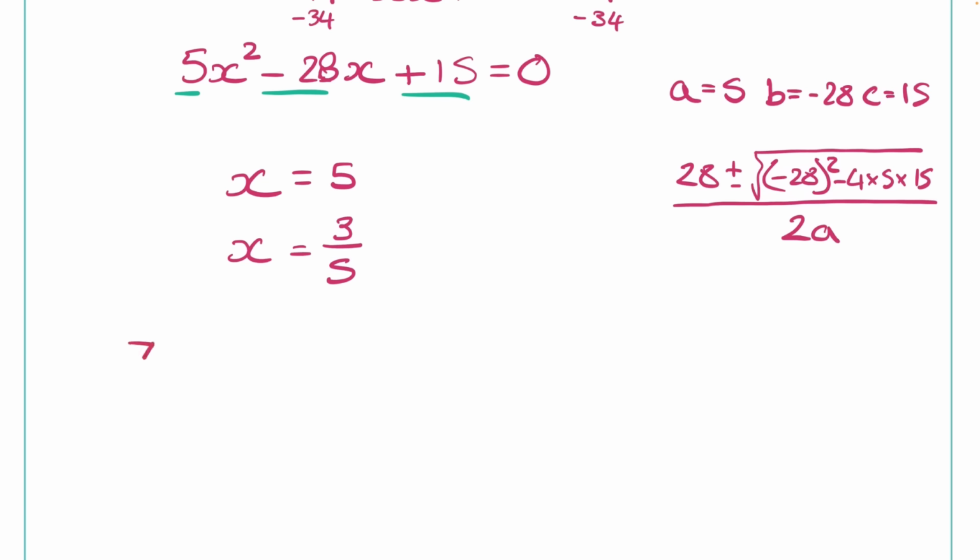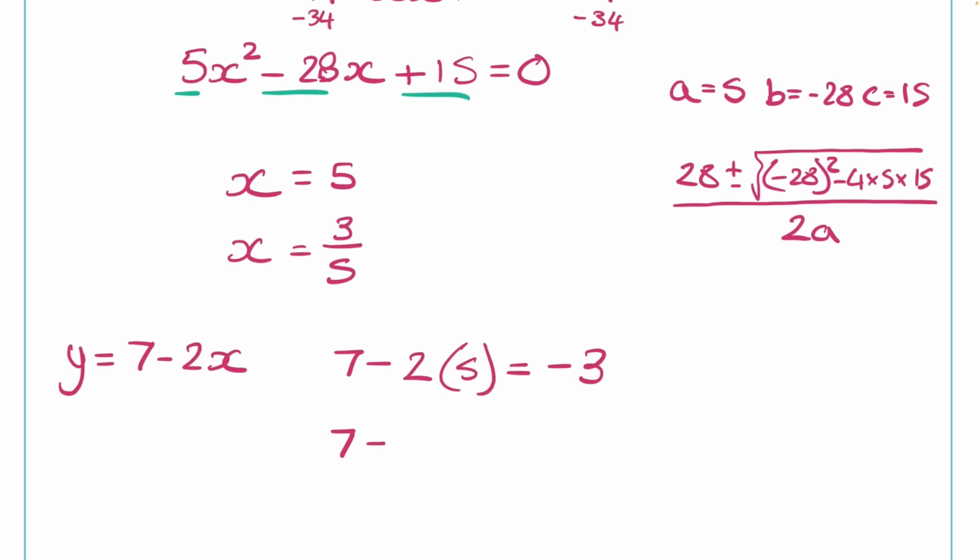So I'll rewrite that down here. y equals 7 minus 2x. And that means when we have x is 5, we have 7 minus 2 lots of 5, which gives us negative 3. And we have 7 minus 2 lots of 3 over 5, and that gives us 29 over 5.